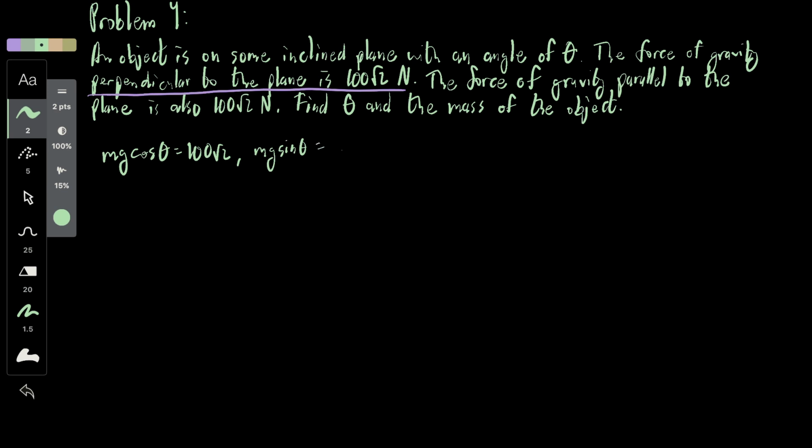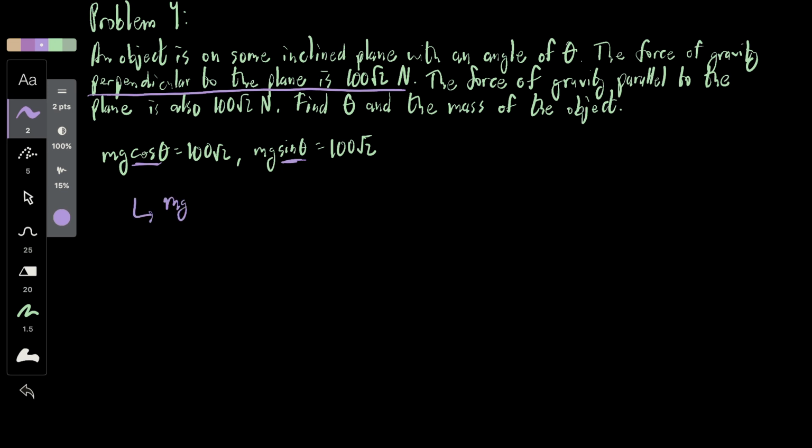So if this is also equal to 100 times the square root of 2 newtons, what is our angle theta and our mass? One thing you can do when you're given forces parallel and perpendicular, with nice equations with sine theta and cosine theta, is take the equation with sine theta and divide it by the equation with cosine theta.